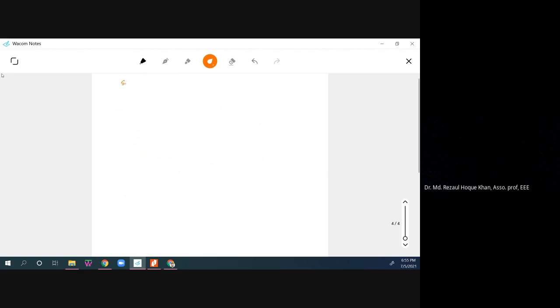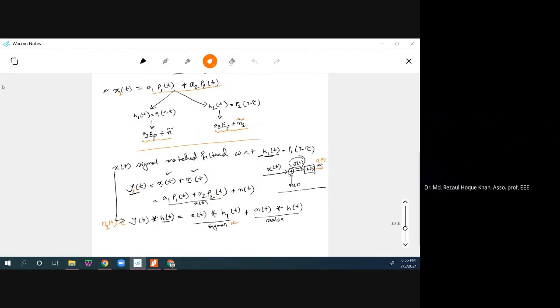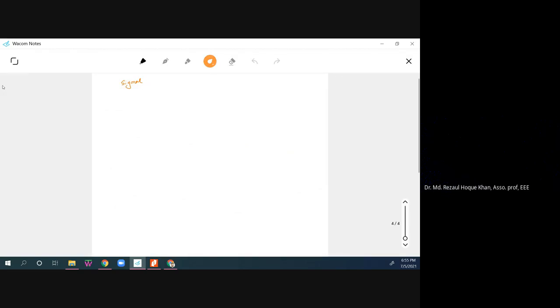What was our signal? Our signal was this one, x(t) and h(t). x(t) is a1 p1(t) plus a2 p2(t), convolved with h(t).